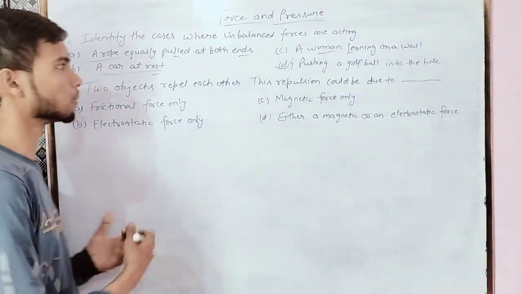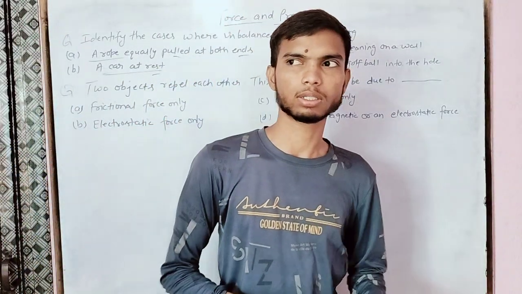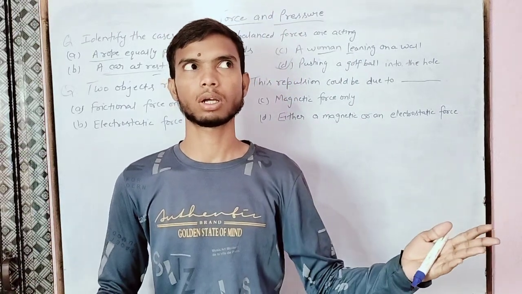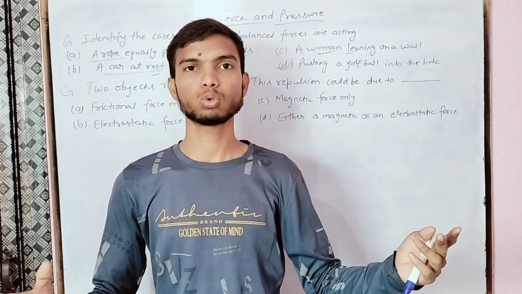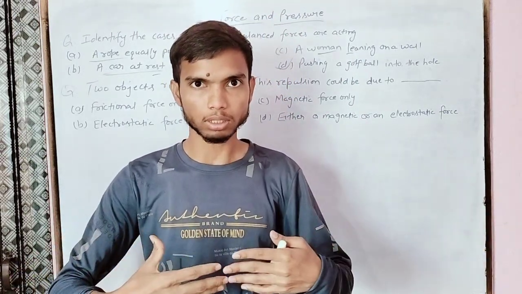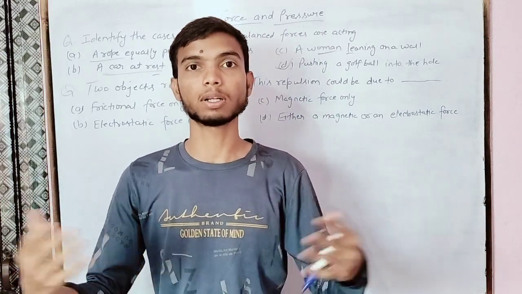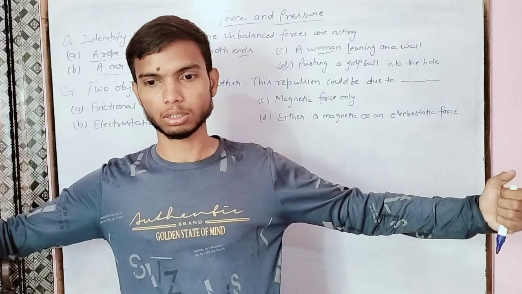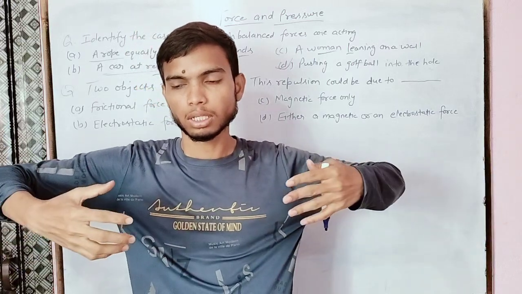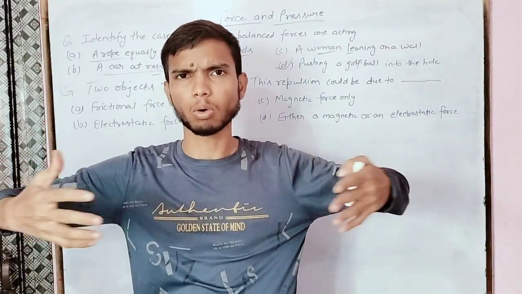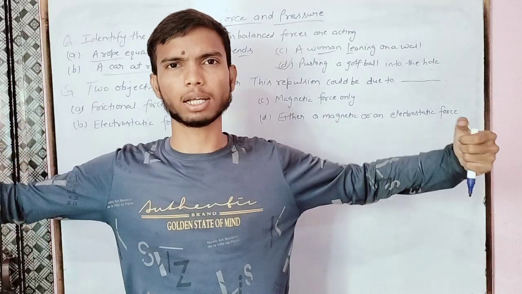Two objects repel each other. There are two objects, and these two objects are not attracting each other. Rather, they are repelling each other, like that.